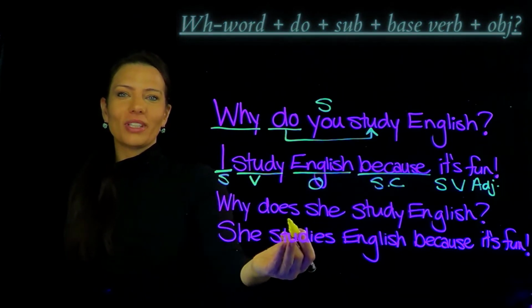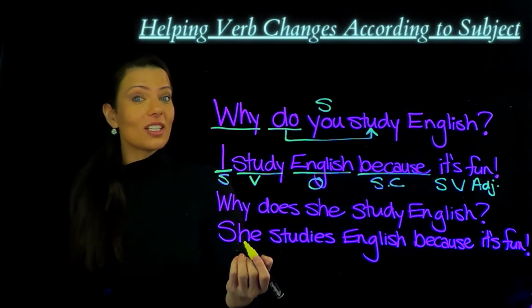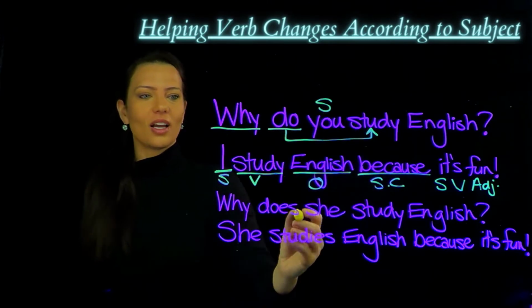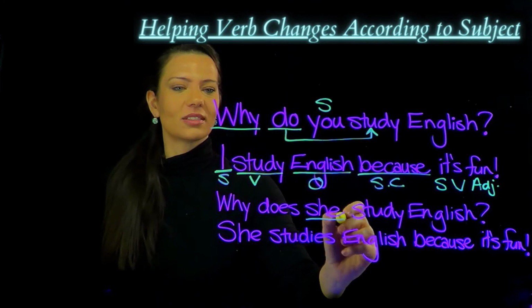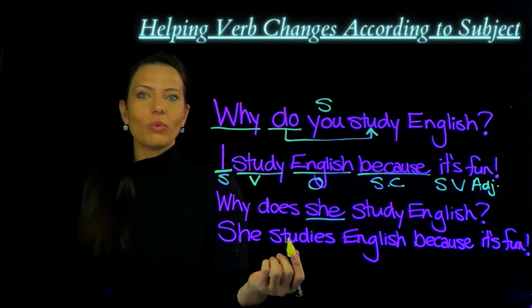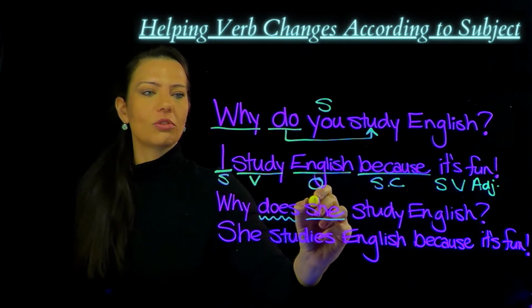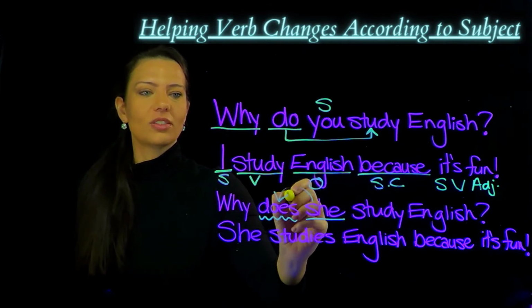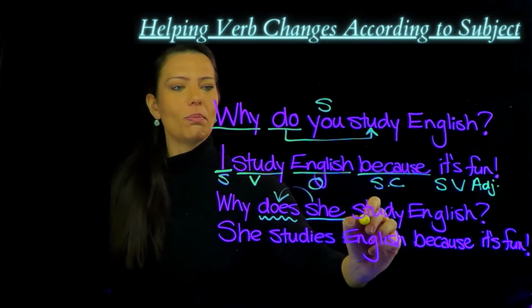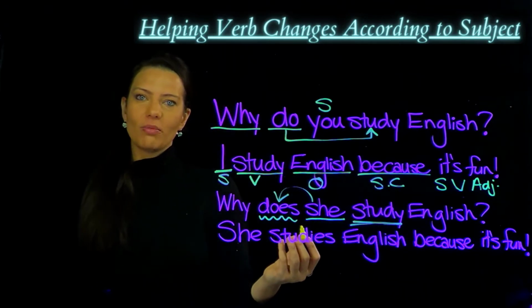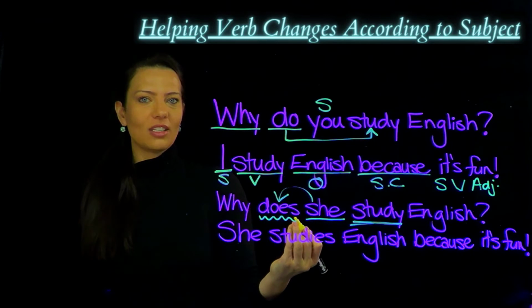In this example here, we can see the subject has changed. Instead of using you as a subject, we're using she. Now notice, when we change the subject, the helping verb do will change according to that subject. The main verb stays the same. So the main verb does not change.